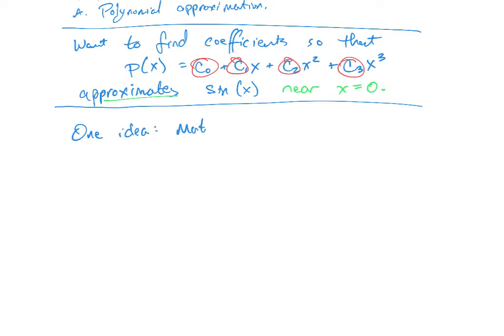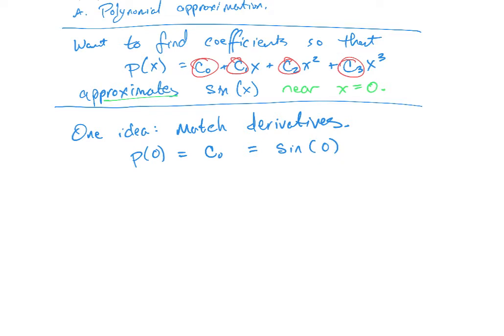is that we'll try and match derivatives. Okay, so the 0th derivative, yes, and Brandon points out, yeah, we could do Lagrange interpolating polynomials. There's lots of different approximations we can do, but we're gonna go into the Taylor polynomials. 0th derivative is just the function itself.